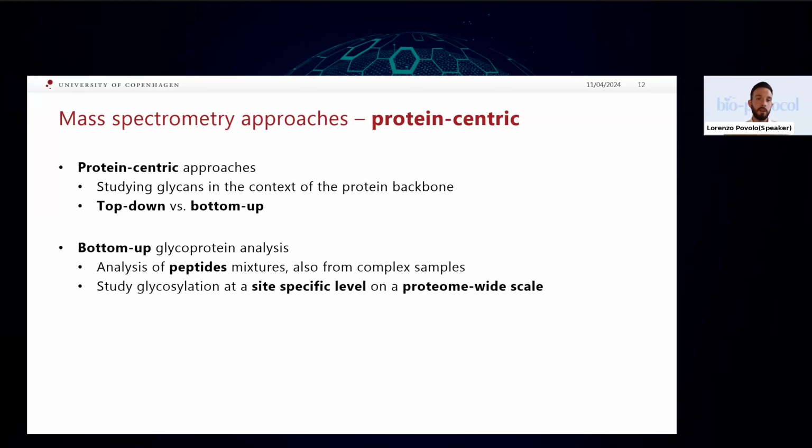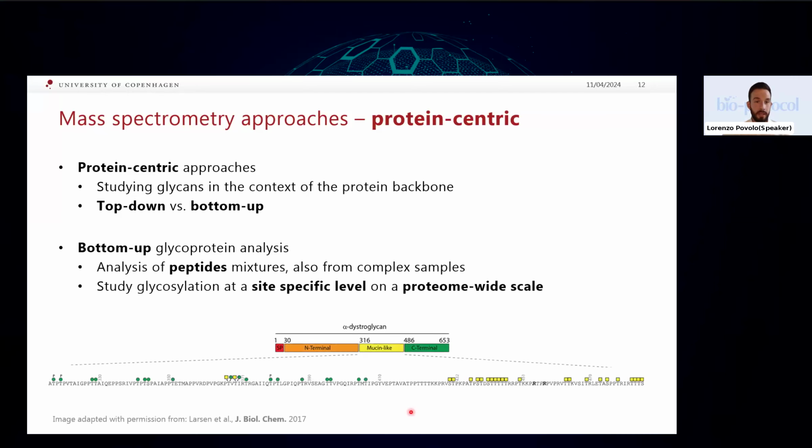And just to give you an idea of the outcome that we can expect from a bottom-up glycoprotein analysis is, for example, that we can map exactly what glycans are present on which specific amino acids on a specific protein. In this case, we have mannoses and galax modify a mucin-like domain of a protein.